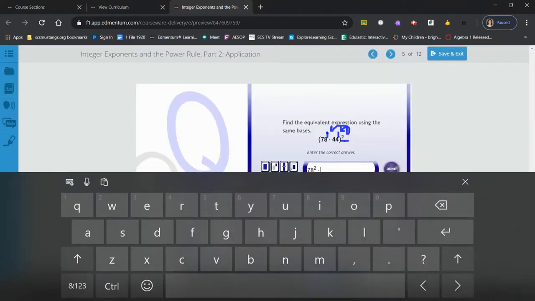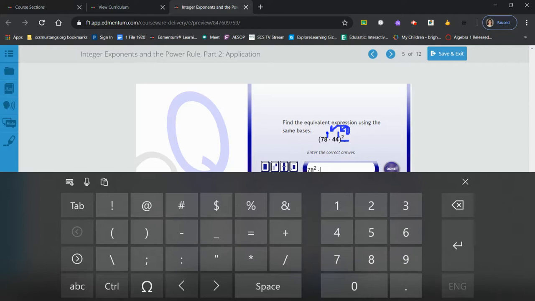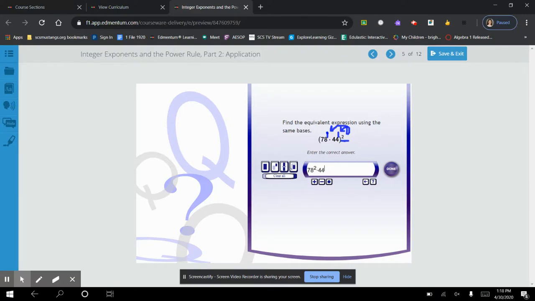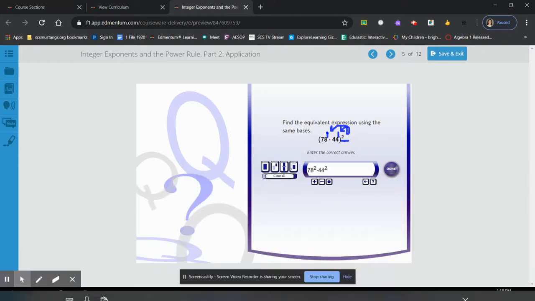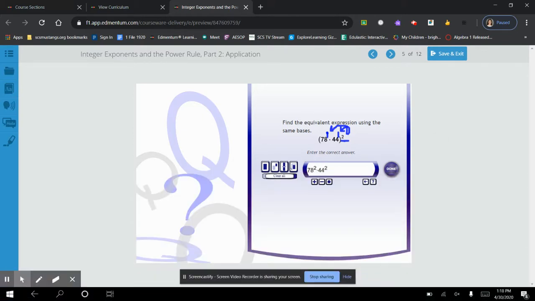So times, and then I'm doing 44, and then I need to the, and then second power again. And that's how you type those in. So just be careful to make sure that things are on the level that they're supposed to be on. But there's my 78 times 44, both of them to the second power.